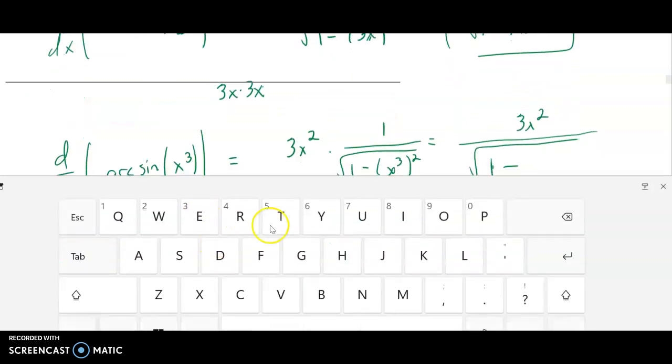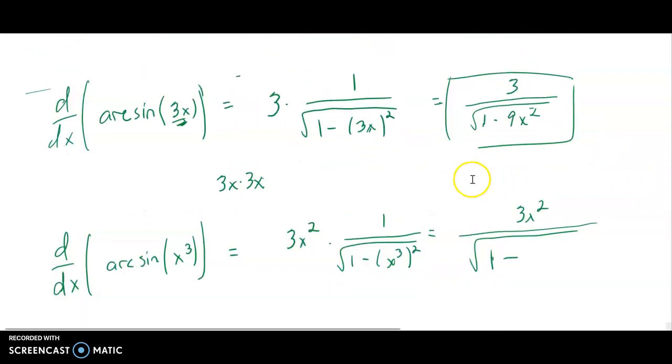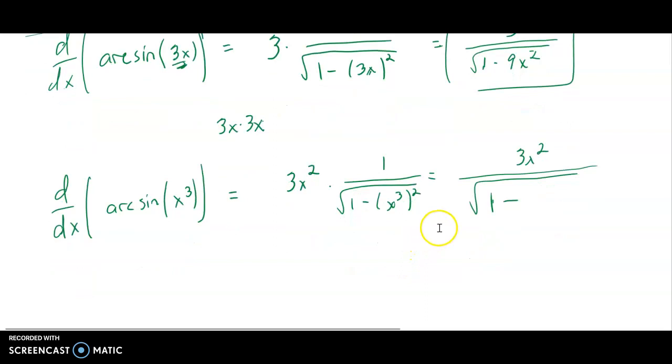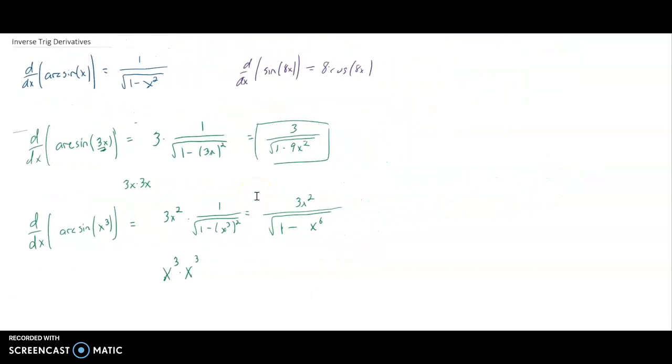Now the x cubed squared, some people mess this up and write x to the 5th. It's x to the 6th because it is x cubed times x cubed. How many are being multiplied in that? I'm simplifying this piece right here. I get x to the 6 because there are 6 of them being multiplied. Okay, so hopefully you see how to take the derivative of an arcsine of something.